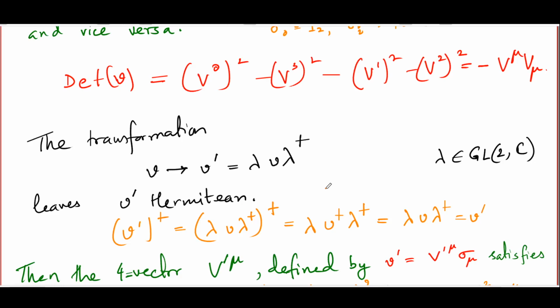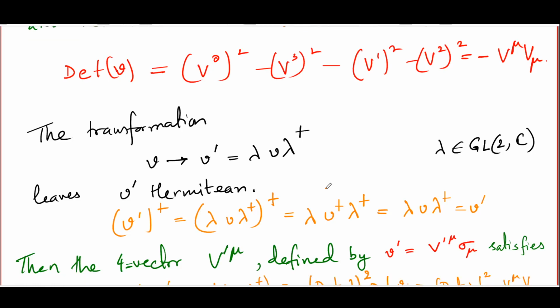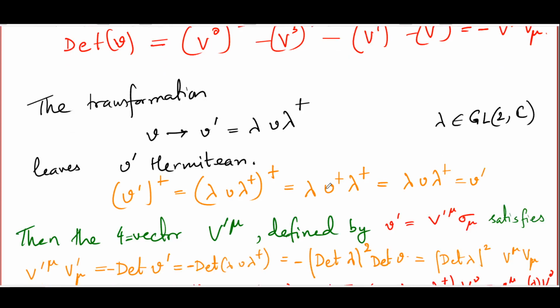Now, what is very important is that this particular V prime has a norm given by V prime upper mu, V prime lower mu, and that's of course negative of the determinant of V prime, but that's the negative of the determinant of lambda V lambda dagger.